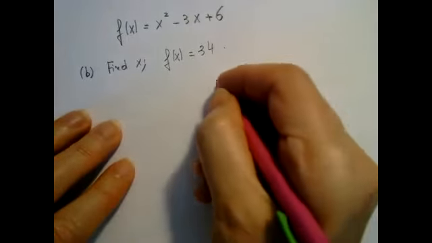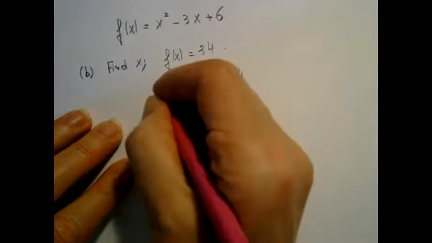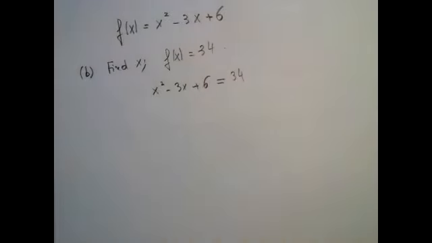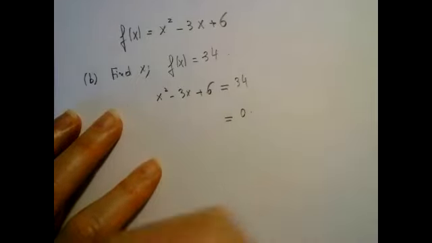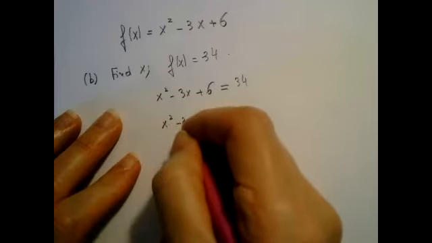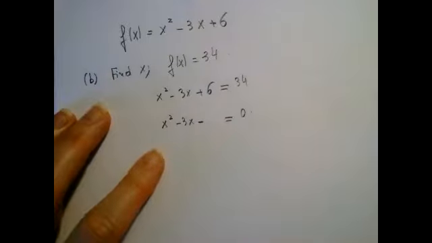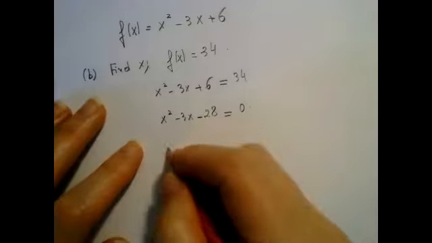Easy. What do we do? Quickly. Set the equation equal to 34. And we're done. So those are questions like what we did a minute ago. I'm giving you the output, you have to find the input. All right, so we set this equal to 0 immediately. One side has to be 0, and then we need to factor out the rest. Plus 6 minus 34 will give me, how much? 28, I guess. And then we factor.